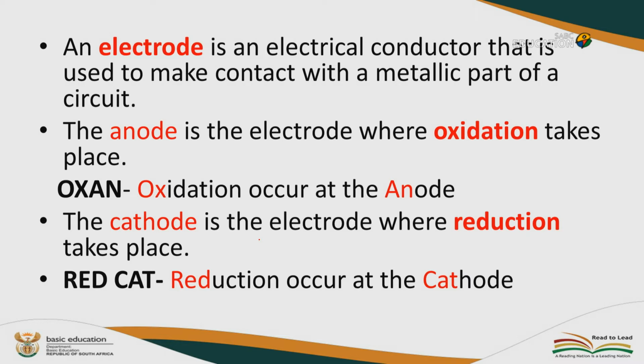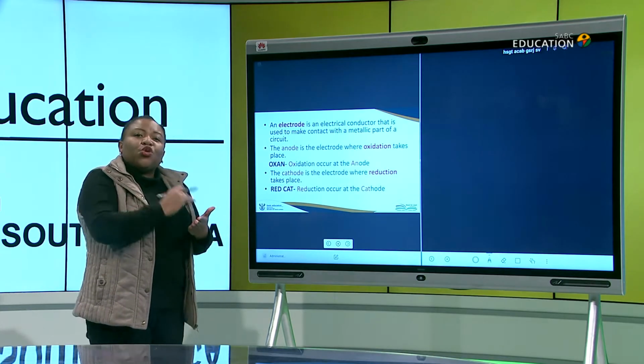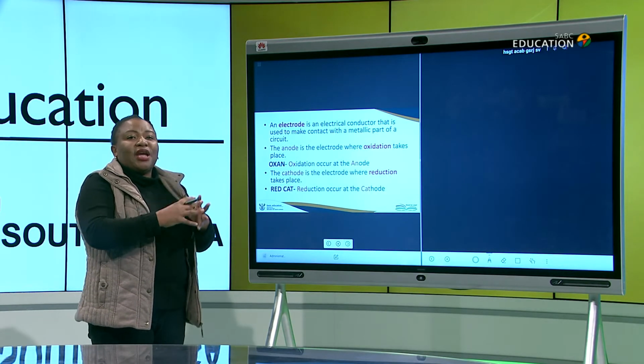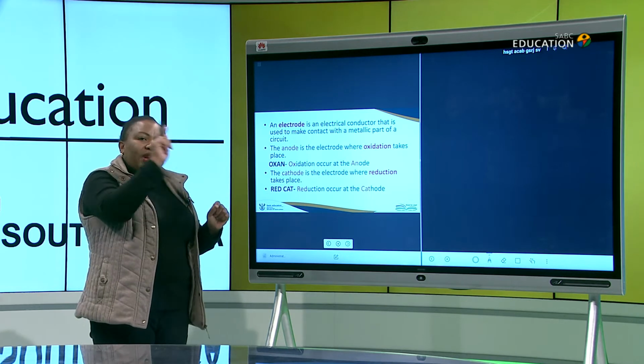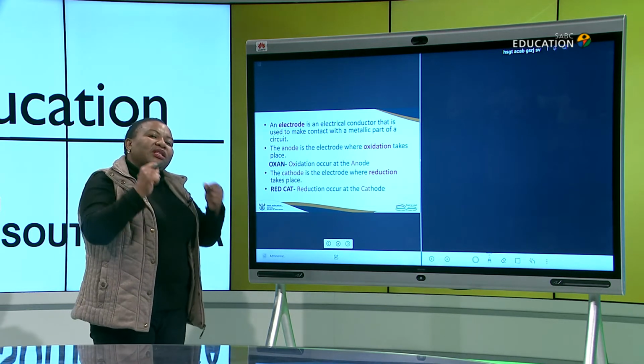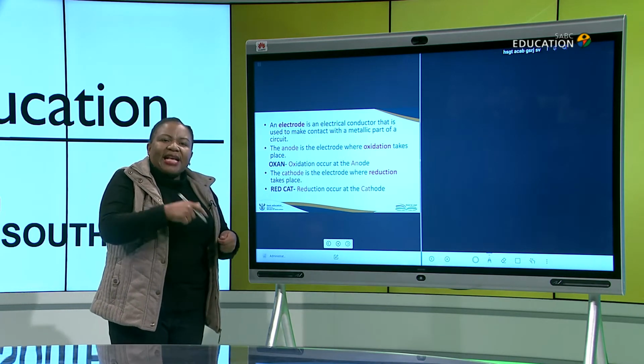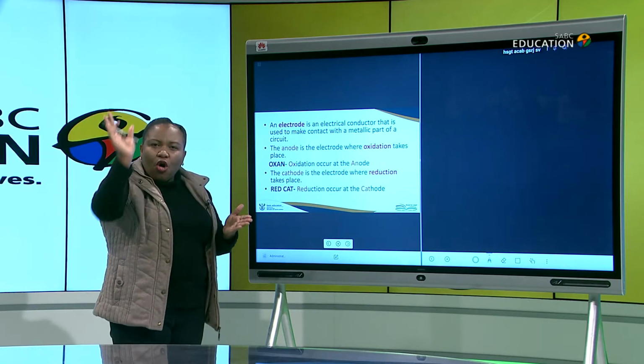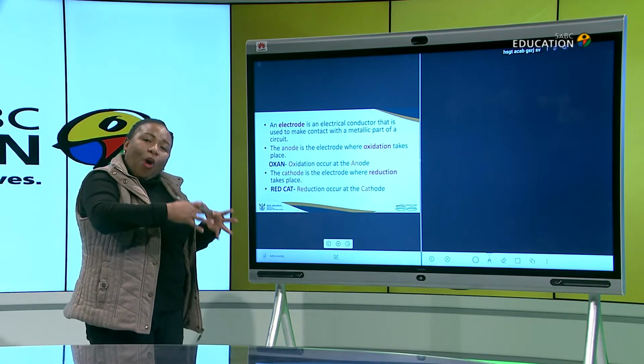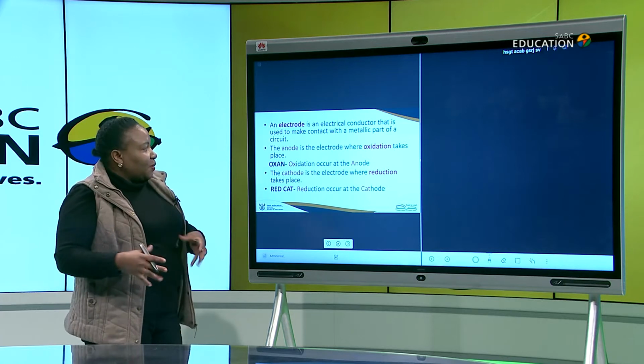Because remember, redox reaction is about electron transfer, and electrons can only be transferred through a metal. The electrons cannot be transferred without being conducted by a metal. So that is why we are using these electrodes as the path for the electrons to be transferred from one substance to the other substance.